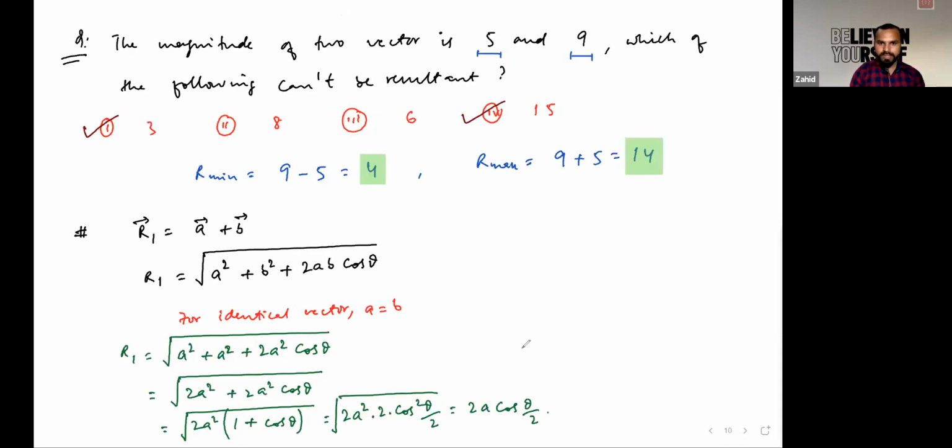Just 1 minute. In the trigonometry part, I defined cos 2 theta. Just write it down. I'm coming in just 1 minute.